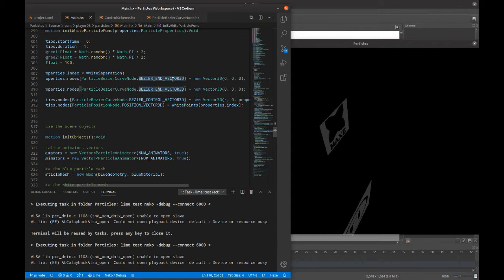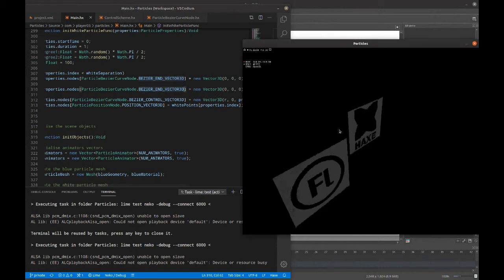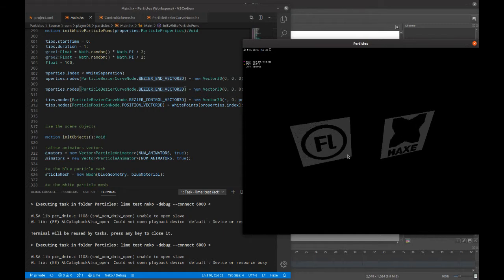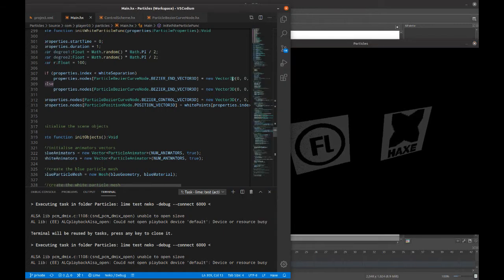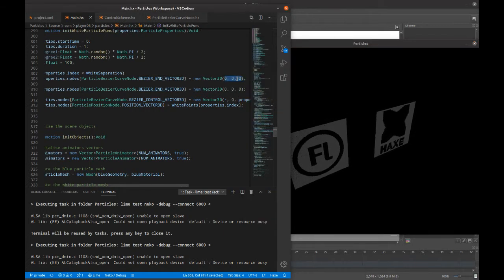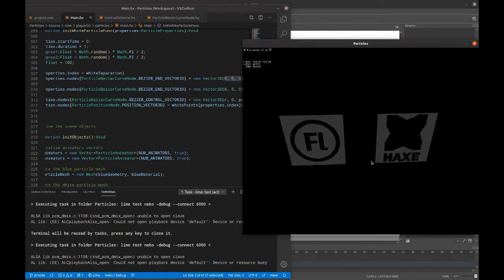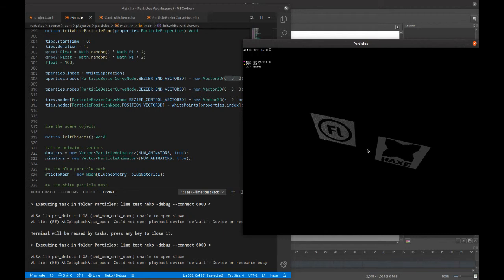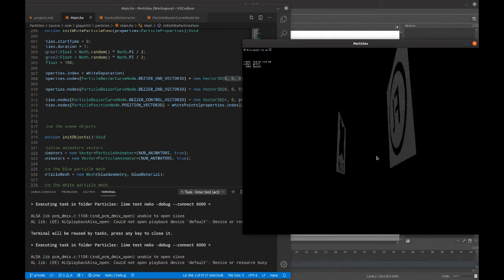I set an endpoint. Everything should end in the very center, and it's not even touching that. Look at this. 0, 0, 0. That's the center. And not even a single particle reaches the center, much less all of them at once.